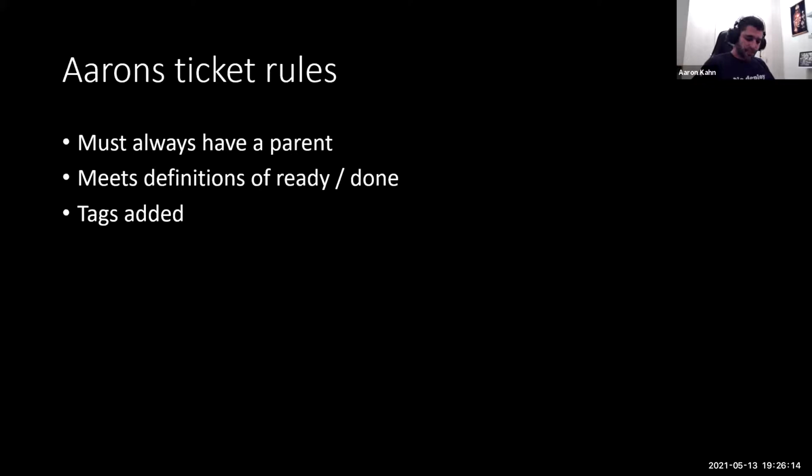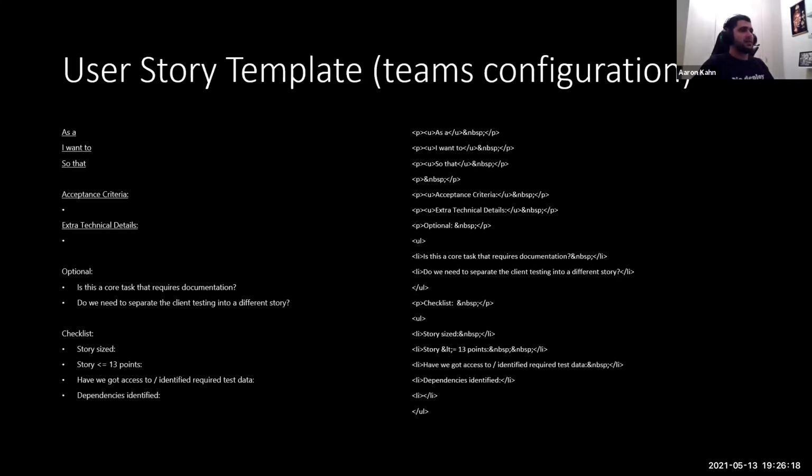Now, why this is so important that I've defined this is you can create templates on Azure DevOps, right? And so I've put this in team configuration. That's where we're going to head to. Essentially, what I've done is I've taken this definition of ready, which we've defined, and I used an online HTML converter, just a simple one.